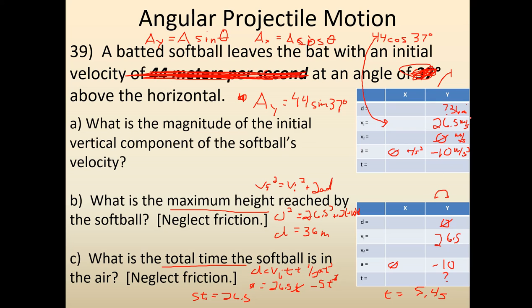I could use these numbers and maybe vf, vi, a, t, use the acceleration equation, plugging my numbers in: 0 equals 26.5 minus 10t, getting that the time is 2.7 about, and then realizing that this isn't my total time, this is only half of the time. Then you could just double this and you would get the 5.4.